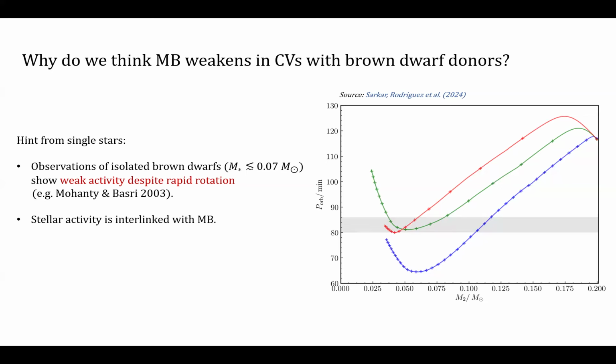Do you have a wind there carrying angular momentum after it crosses the period gap? Yes, but the wind strength decreases. Beyond the period gap, there are two dynamos, the convective envelope dynamo and the shear dynamo, and the shear dynamo, which is very strong, disappears.